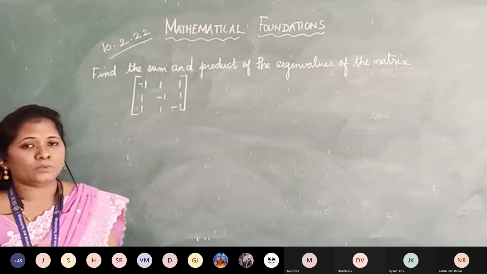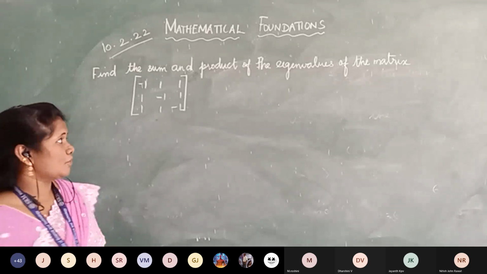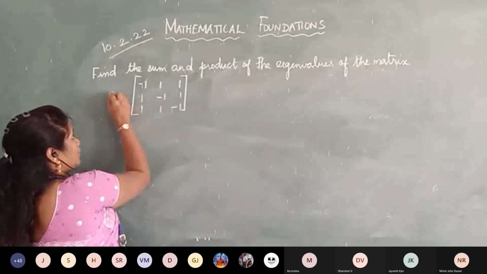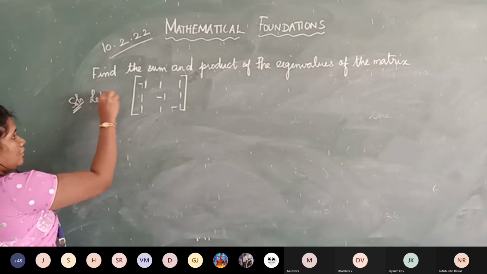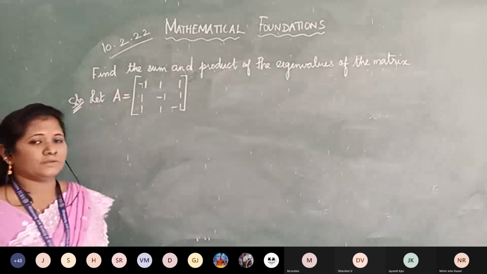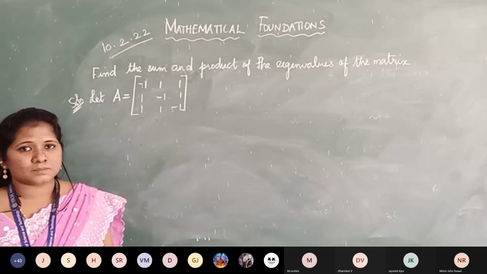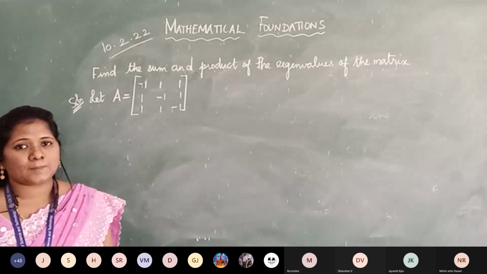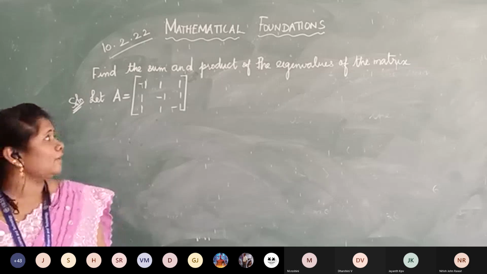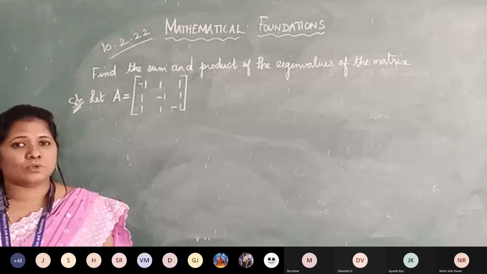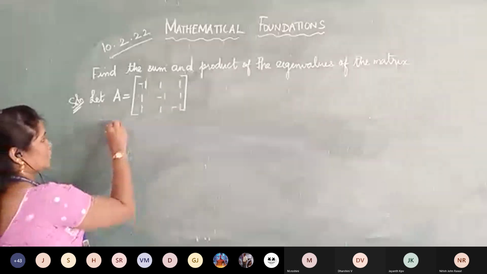So you will write in the solution, let the given matrix A be equal to the given matrix. Whatever it is, you can take it as capital A or capital B, and then represent the given matrix. So the given matrix is represented by A, and then you find your sum.